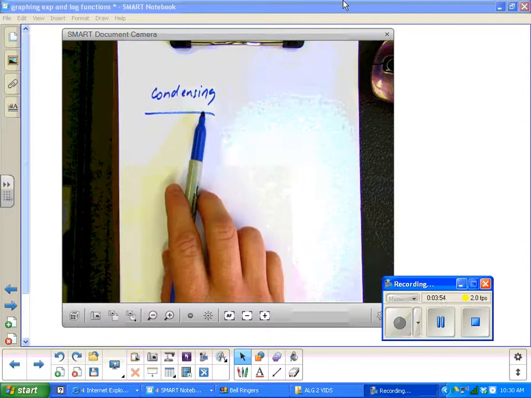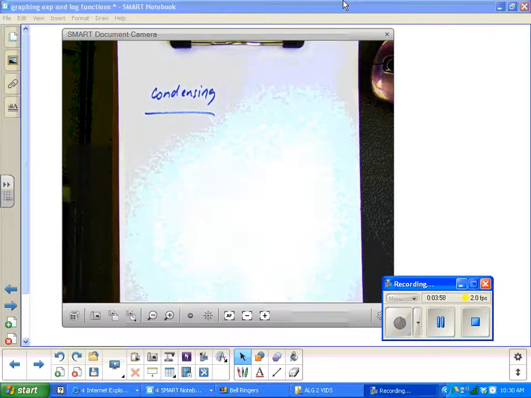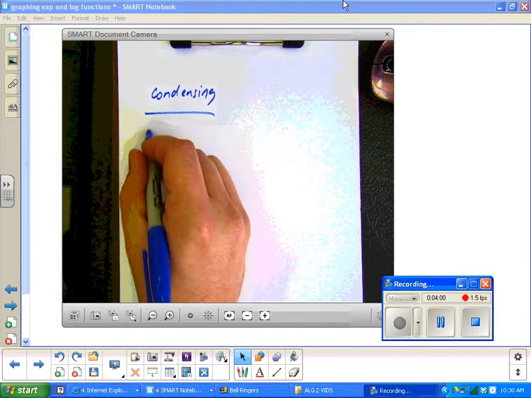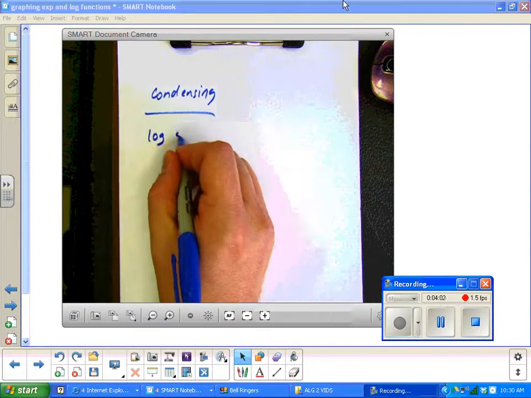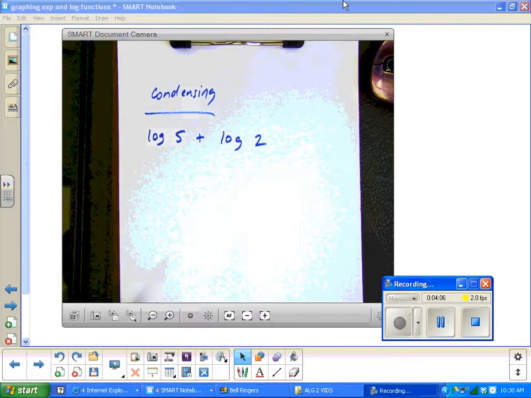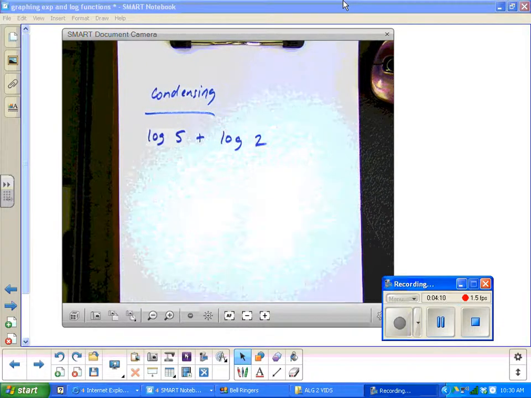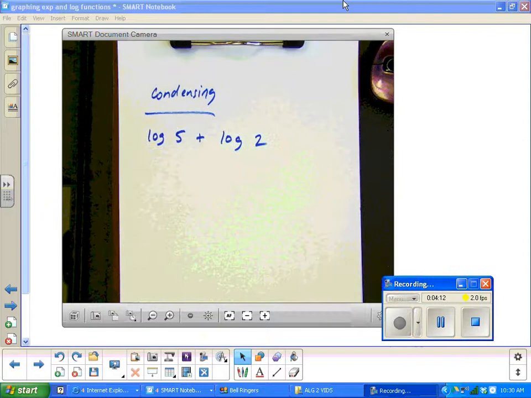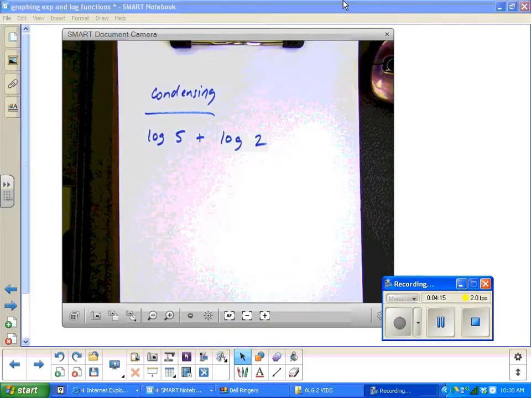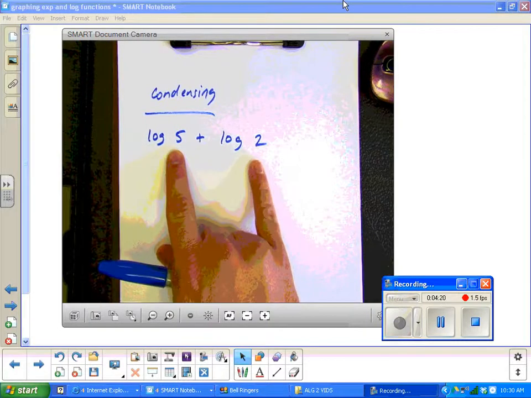We're going to condense our logarithms into one, and if we can evaluate it, then we're going to do that. So let's look at this. We got log of 5 plus log of 2. These are really simple. What's the understood base? 10. There is a base, it's just understood to be 10. Now, what are we going to actually do with 5 and 2? Multiply.